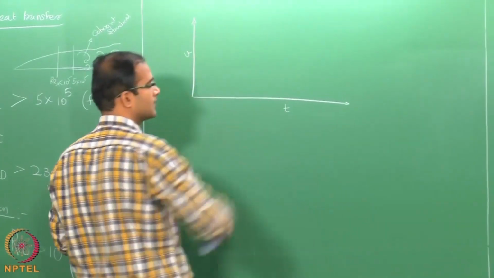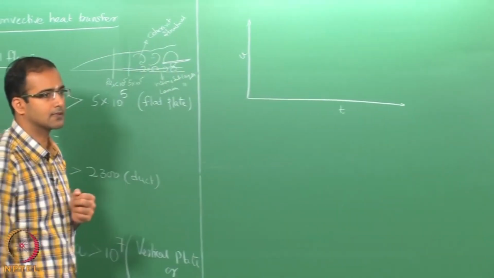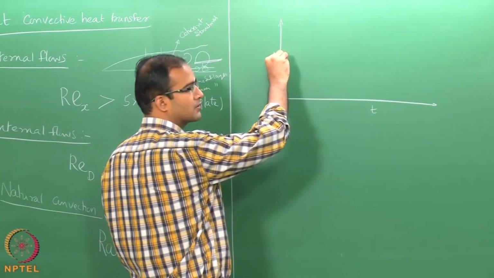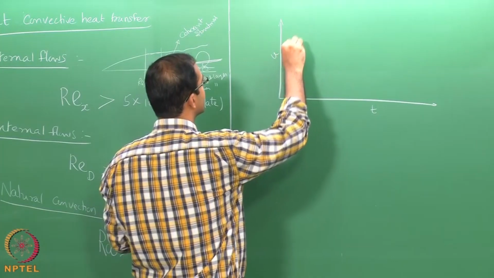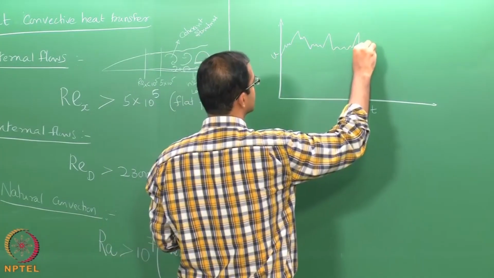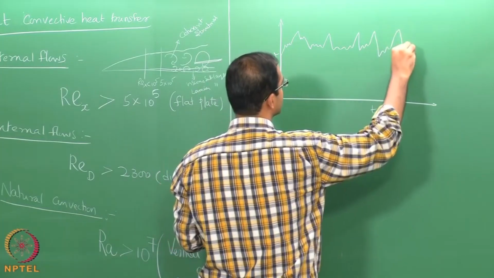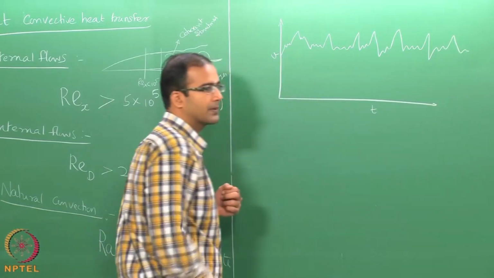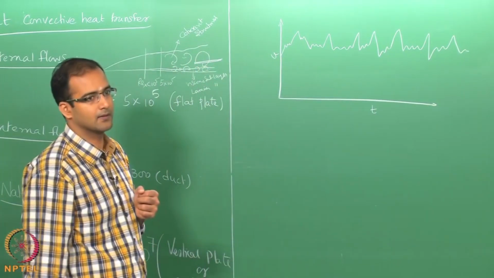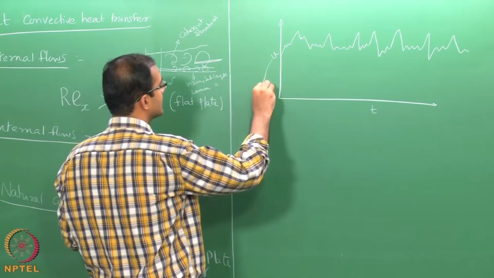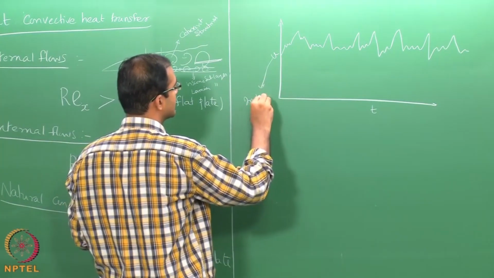Okay, so let us plot velocity versus time. You might start with some value at time t equal to 0, and then you will definitely see a lot of fluctuations like this. It could be periodic, need not be periodic. Okay. Now, this measurement is called the instantaneous velocity.